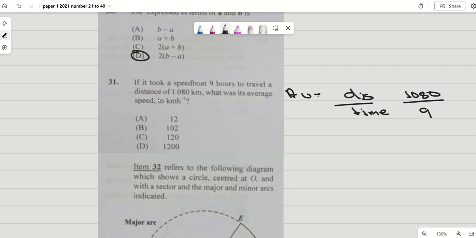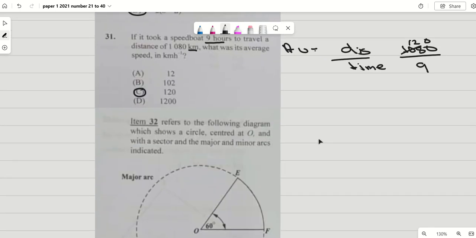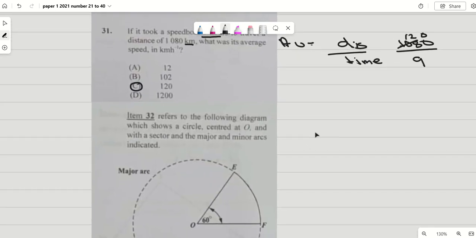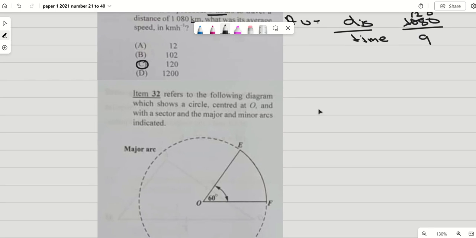We have to make sure of the units they give you: distance is in kilometers and time is in hours. So this is 1080 divided by 9, which is 120. So the answer is C, 120, because 9 goes into 108 12 times and then 0, 0.